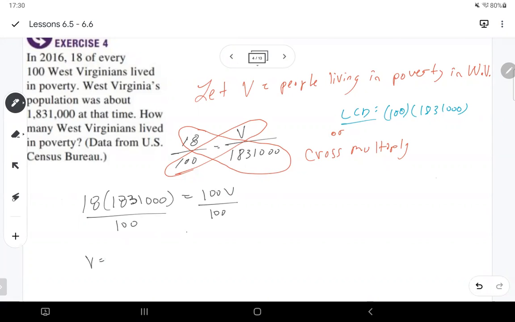So if you do your math here, this ends up being 32958 three zeros divided by 100. So you get 329580.